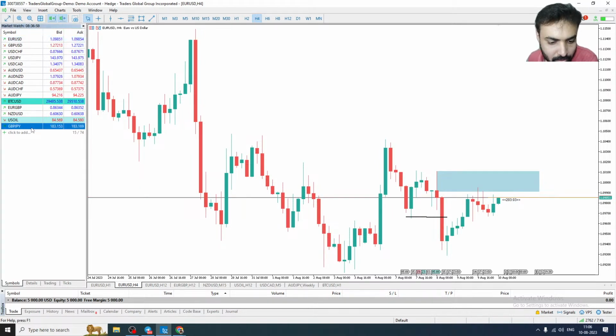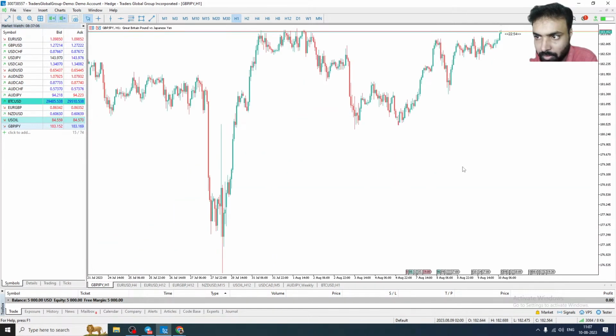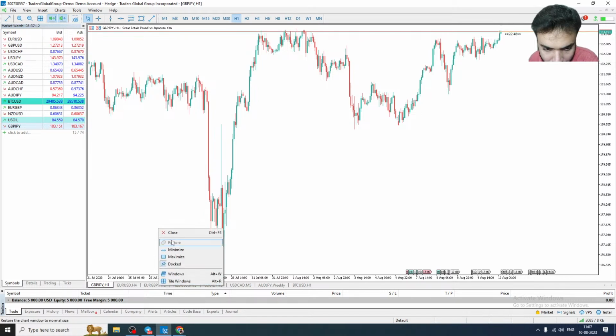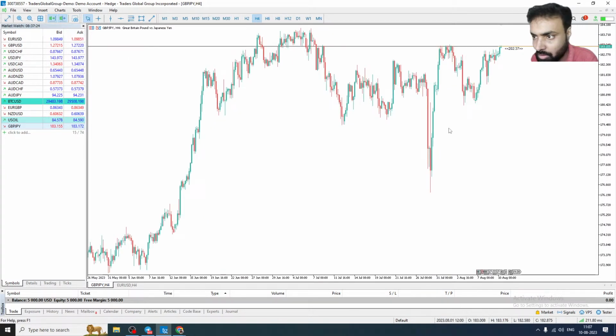Okay, let's open the GBP/JPY here. We have a lot of tabs opened, let's close those. So GBP/JPY, let's take a 4-hour chart.